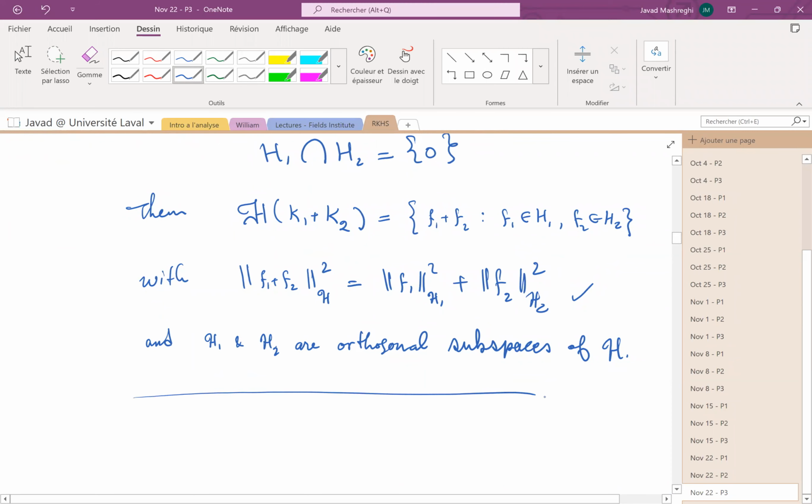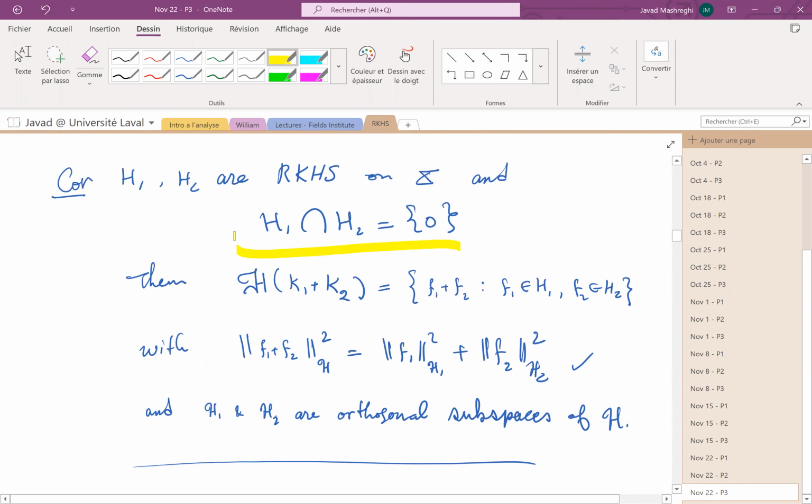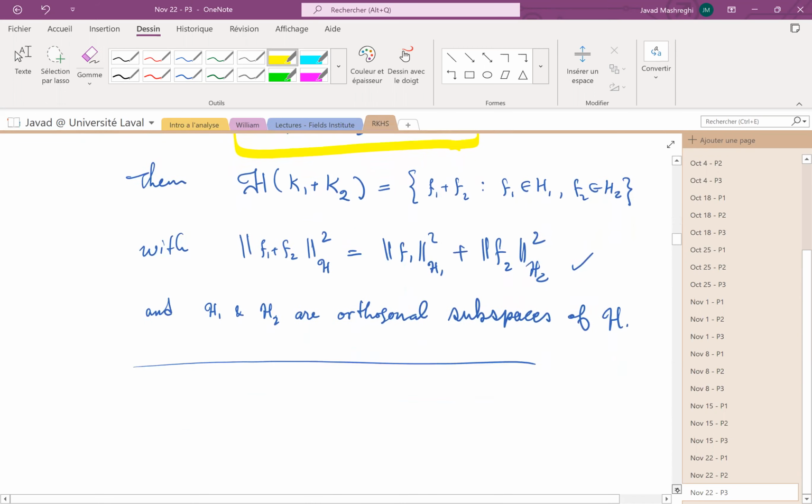It's a special case, but interesting, and you see the only difference is caused by the trivial intersection.